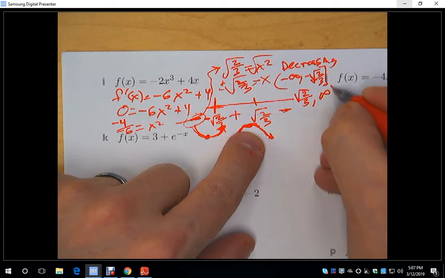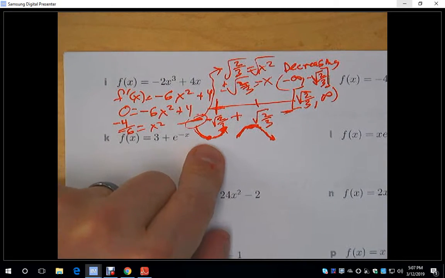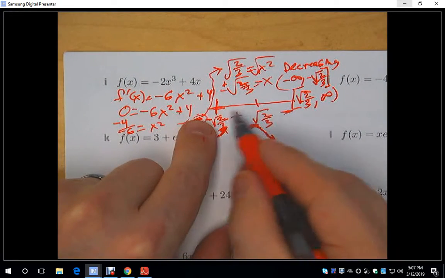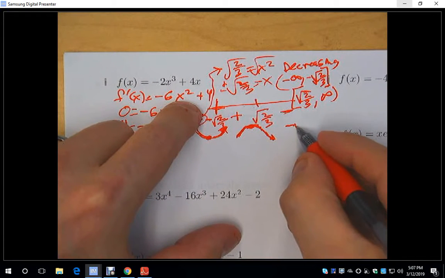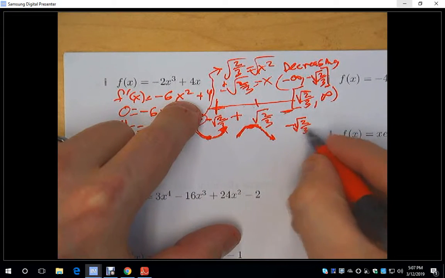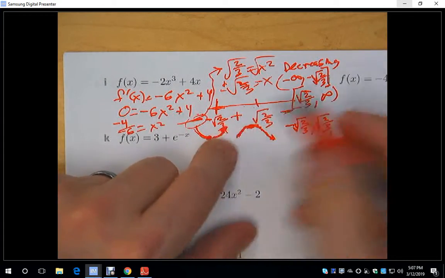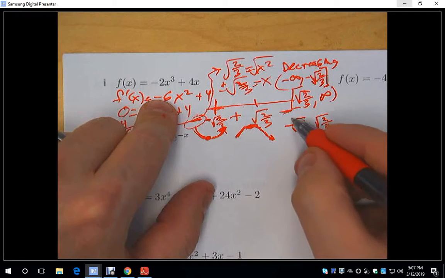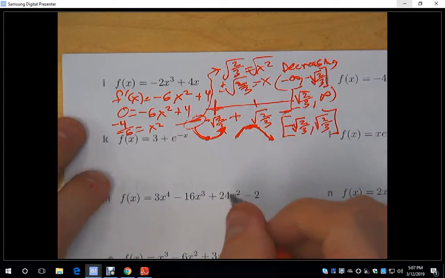That's where we're decreasing. And then the graph increases between these two. This is our interval where we're increasing. We're increasing from negative the square root of 2/3 all the way to the square root of 2/3. Now, we could throw this in our calculator and check, but I'm not sure if I'm going to spend the time to do it. You're welcome to go to Desmos and find out.